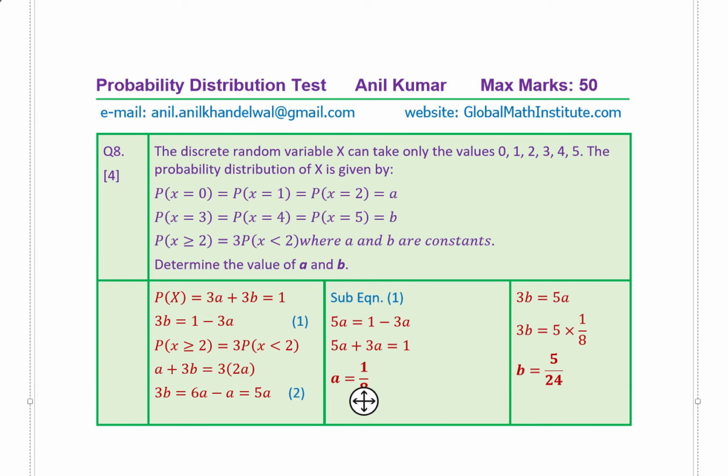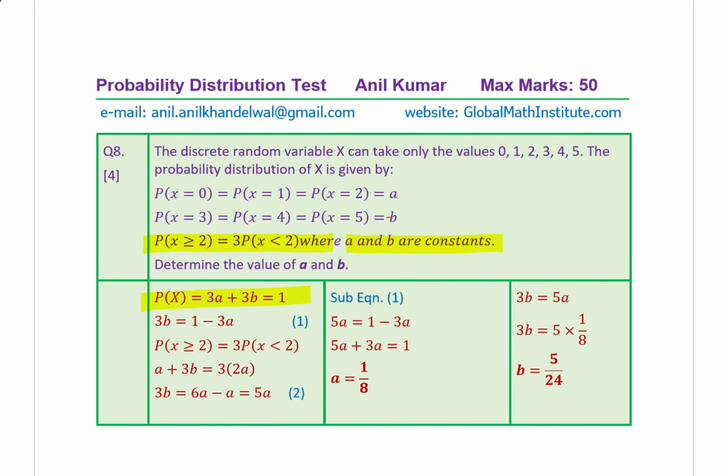Similarly, b is the probability when we are considering the random variable x as equal to 3, 4, or 5. Correct. We are also given another condition here, which is that the probability for x greater than or equal to 2 is equal to 3 times the probability for x less than 2. A and B are the constants for which we need to find the value.